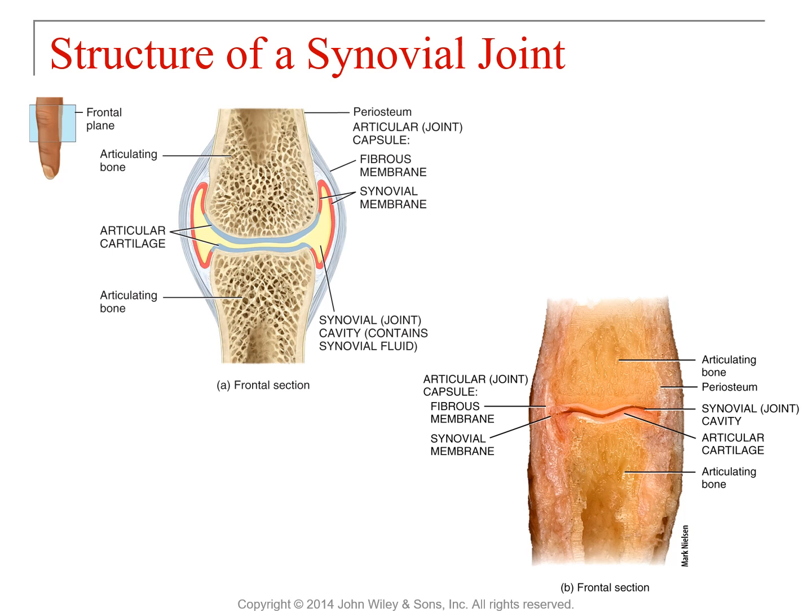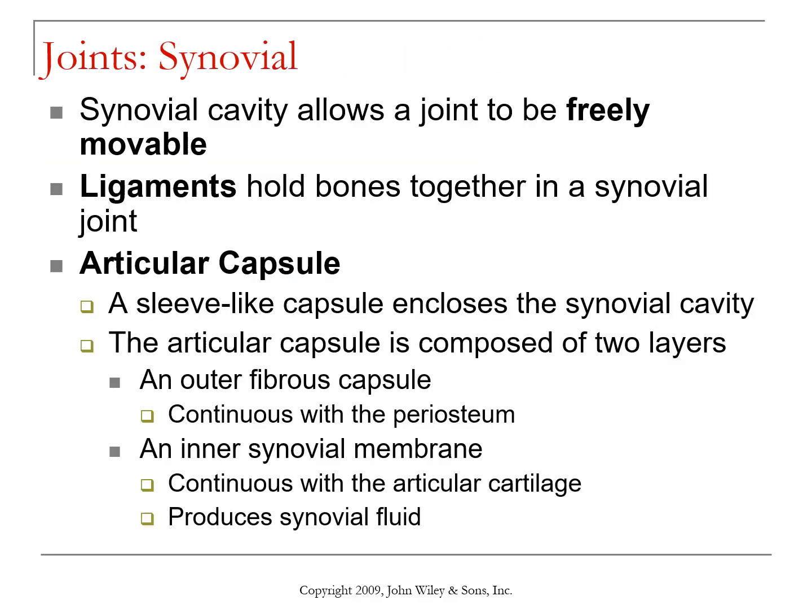On the bottom right, we have a cadaver view of an actual synovial joint. So the joint cavity is not necessarily a big space, but it does allow for free movement between the articulating bones.